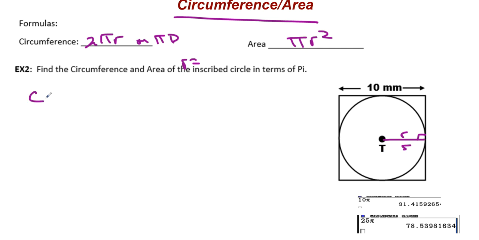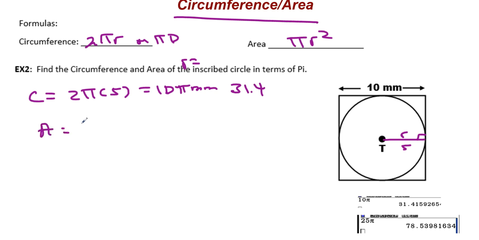To find circumference, that's just 2 pi times 5, which is 10 pi millimeters. You don't go to Lowe's and say, I need 10 pi millimeters of rope or string. It wouldn't be very much of anything. You would put that into a calculator and get 31.4.